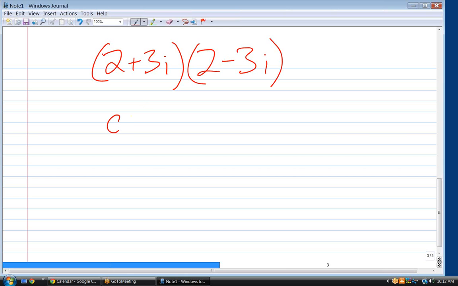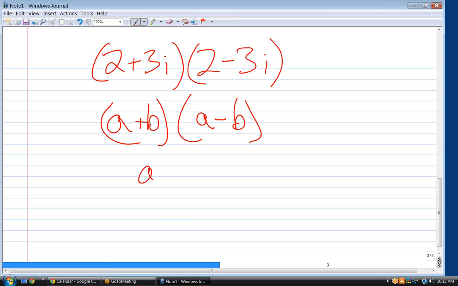Wouldn't you just multiply? Here's what we have: a plus b times a minus b. Well, I know that goes back together as a squared minus b squared, because that's the difference of squares factored. So to do this quickly, it's 4 minus 9i squared.